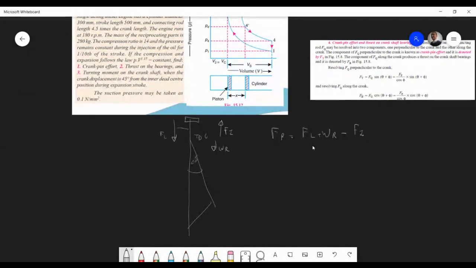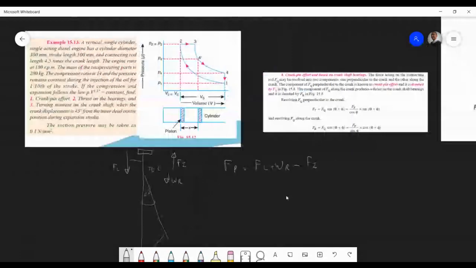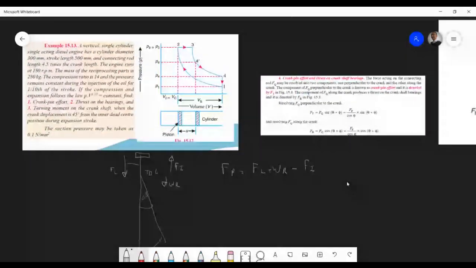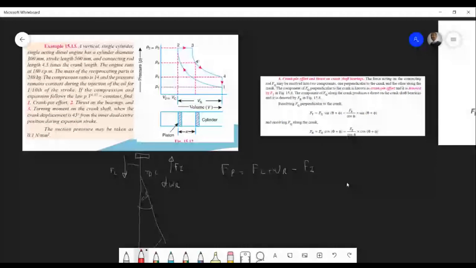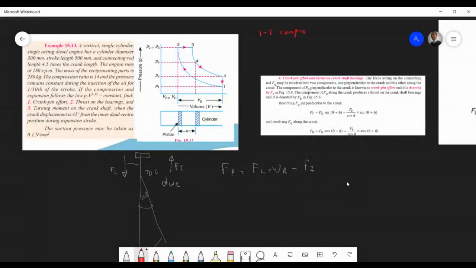Work is FL. We need FL, and all they give us is basically a compression ratio and the PV law. But we are aware of the processes. Hopefully those who are not rusty with thermodynamics will find this easy. Here we have our compression, I'll write it over here. 1 to 2 is compression.